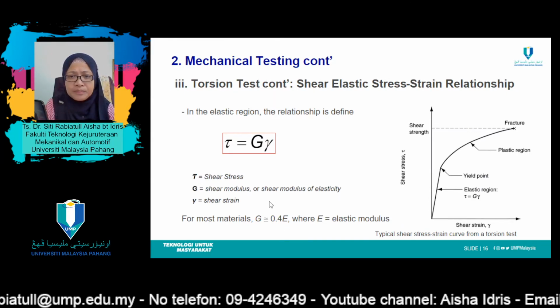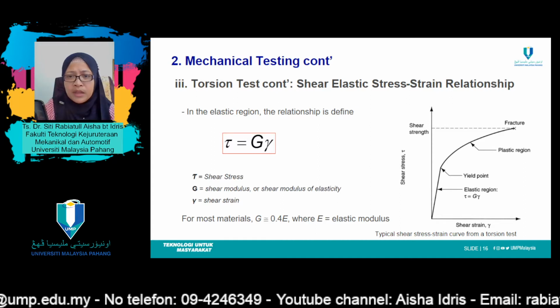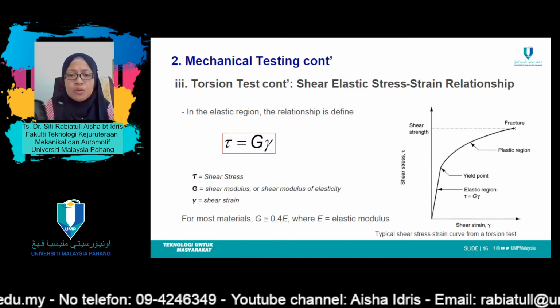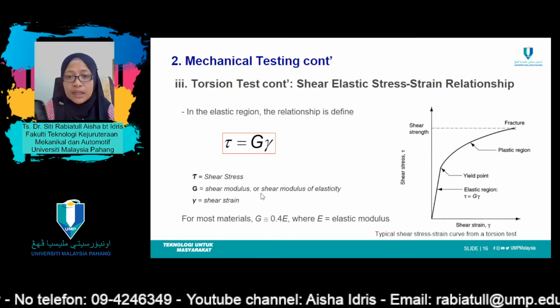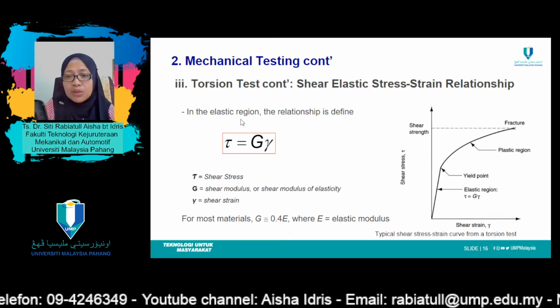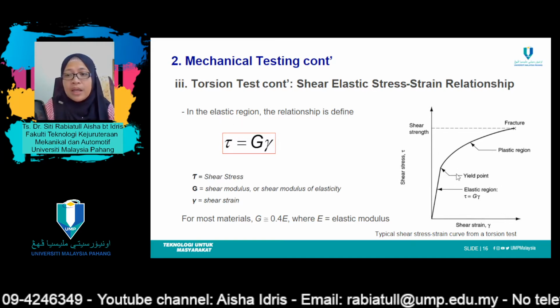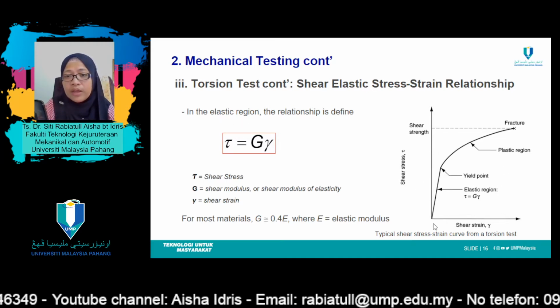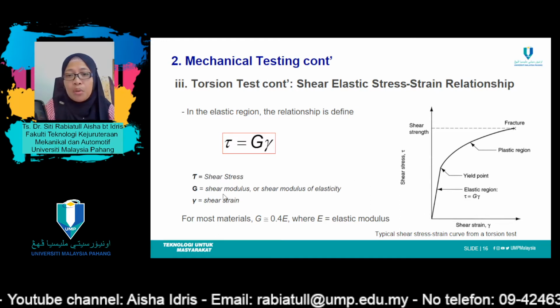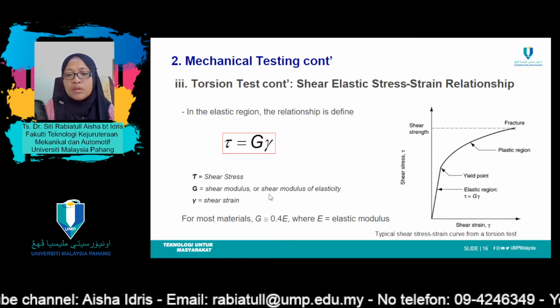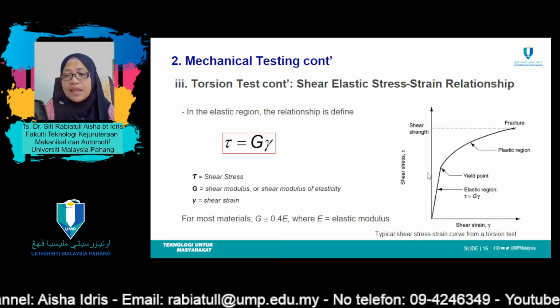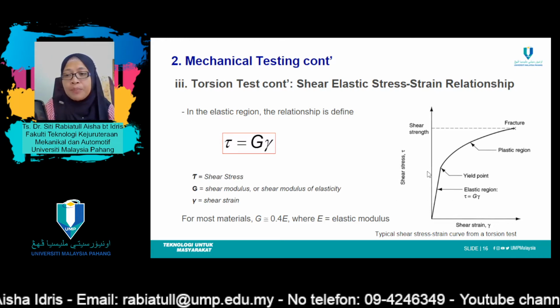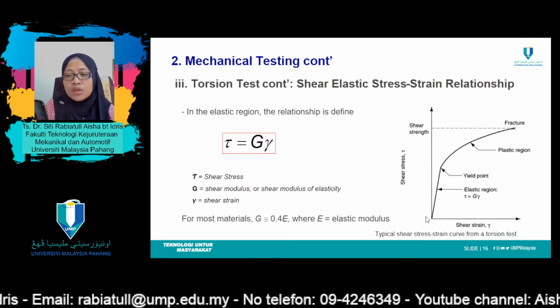In torsion, we may also calculate the shear modulus by referring to its elastic region. If we refer to this graph over here, the value of G, or shear modulus of elasticity, can be obtained from the slope of this graph.